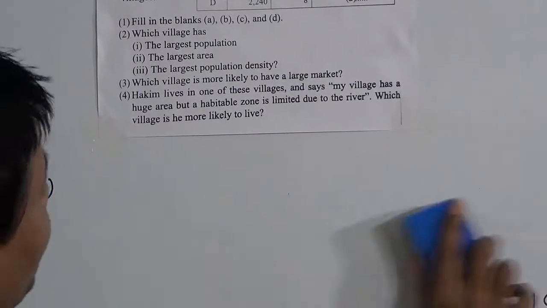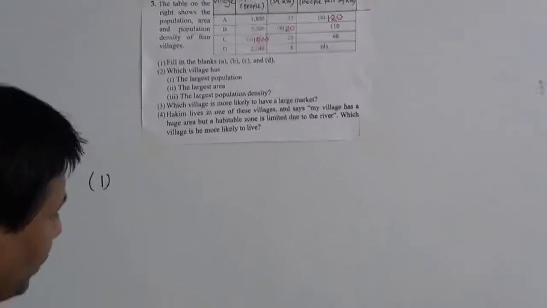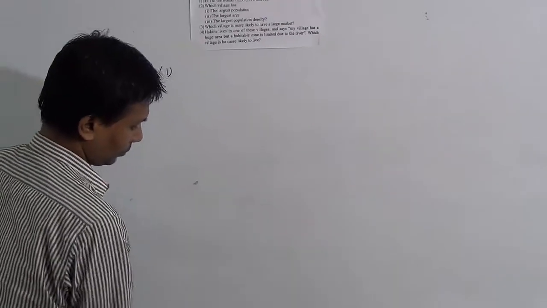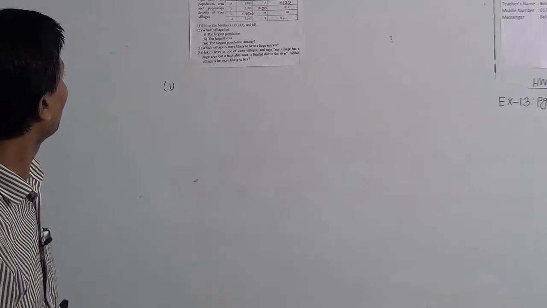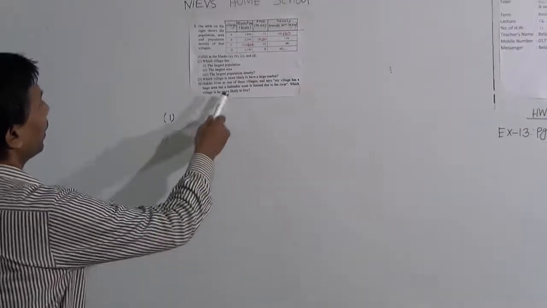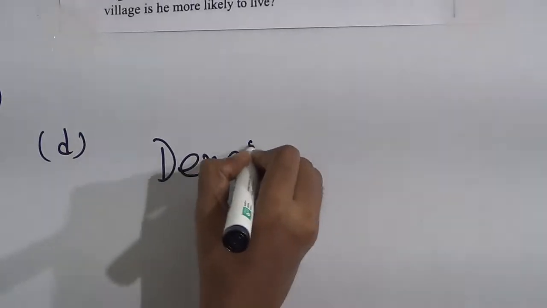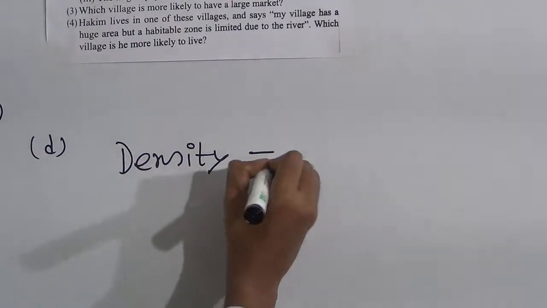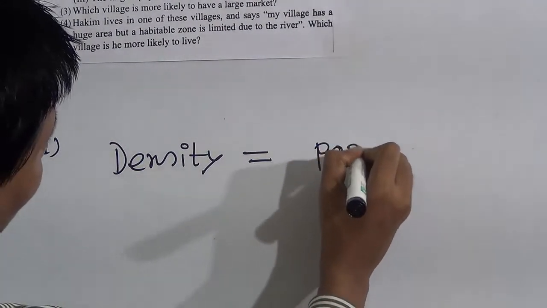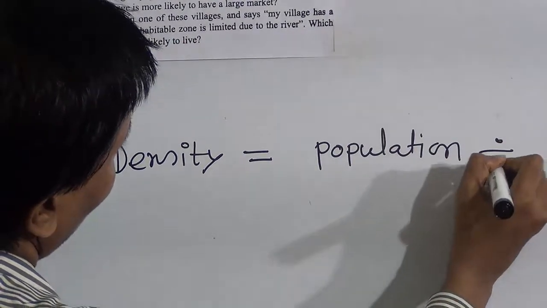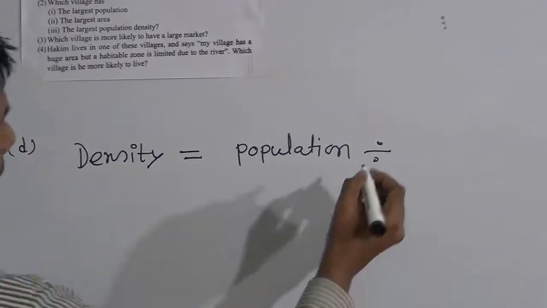Now for village D, you have to determine the population density. We know density equals population divided by area.